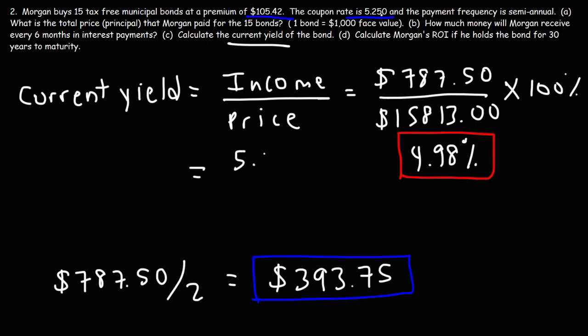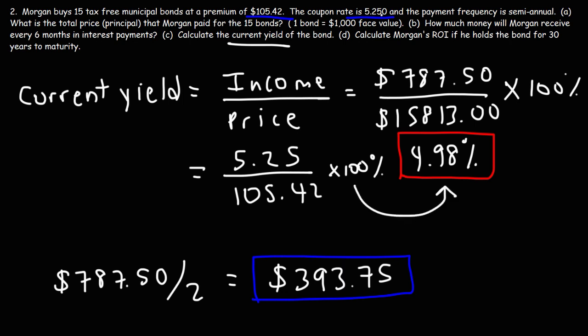So the coupon rate is $5.25 per $100 of the original bond price, divided by the current bond price, which is $105.42, times 100%. So this will give you the same answer. If you plug it in, you'll get 4.98%. So those are 2 ways in which you can calculate the current yield of a bond. Now let's move on to part D.